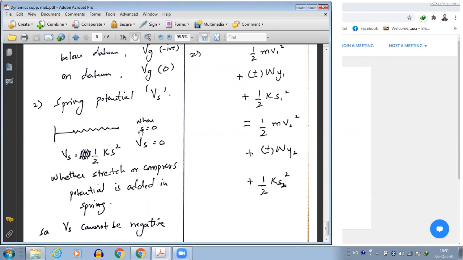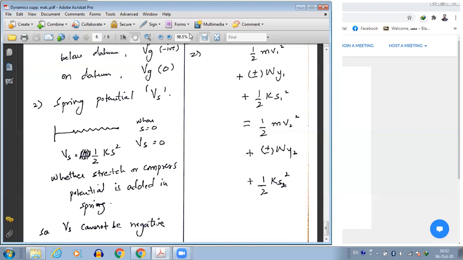So at this condition, we say that the potential of the spring is 0. The spring does not have any energy to do anything. It's in the original state. So spring potential is 0 when the spring is in the original state. Stretch is 0.